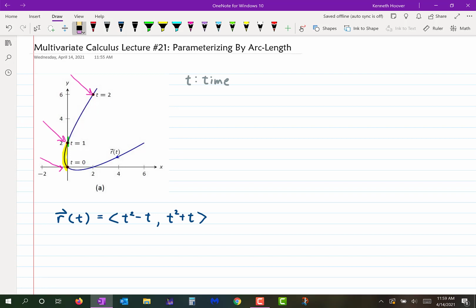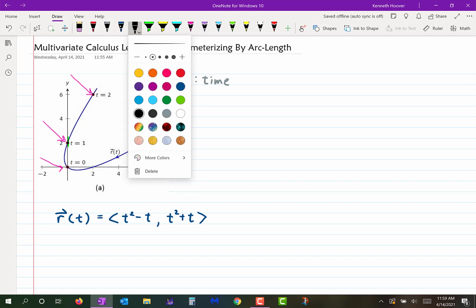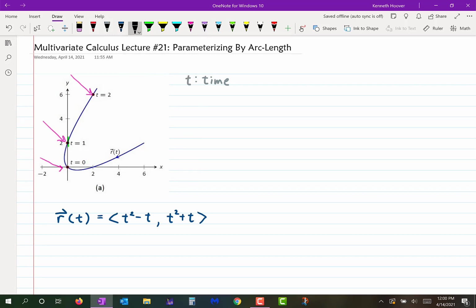You can figure out how fast you're going by calculating the magnitude of r prime of t. Let's write this down. Your speed at time t equals the magnitude of r prime of t.